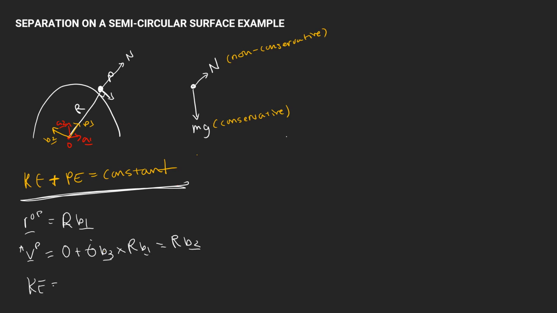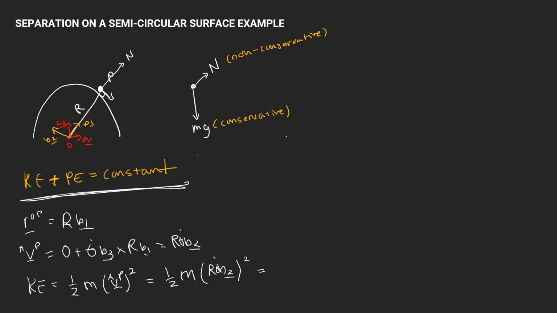So remember that kinetic energy is going to equal 1/2 m, and then we have our velocity at P squared. So this becomes 1/2 m, and then V is equal to r theta dot B2, and this is squared.